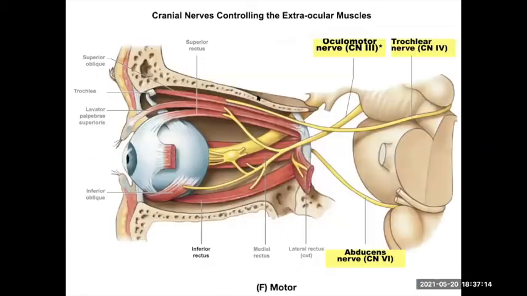These are going to be controlled by these 3 cranial nerves, your oculomotor, your trochlear, and your abducens, 3, 4, and 6. Eye muscles. You don't have to know which particular eye muscles. They're just controlling your eye muscles: oculomotor, trochlear, and abducens.